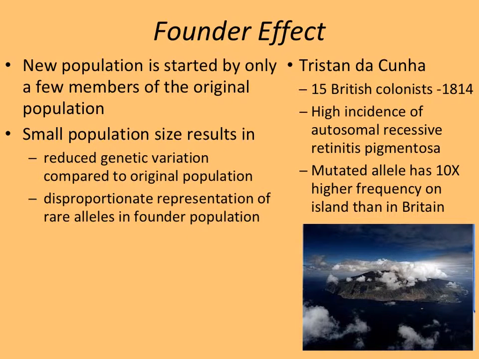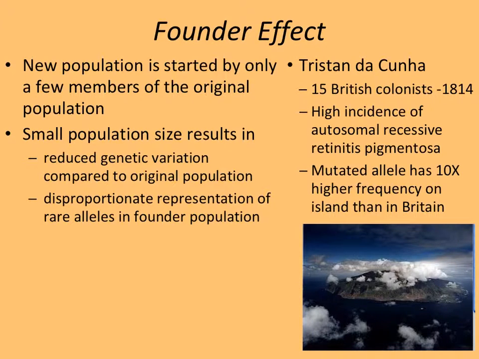Founder effect. You have a bunch of individuals in one place, and a few of them disperse to another place, and they start a new population, but it's a small population. So we go from a big population with a whole bunch of different alleles to a few individuals going and starting a new population.